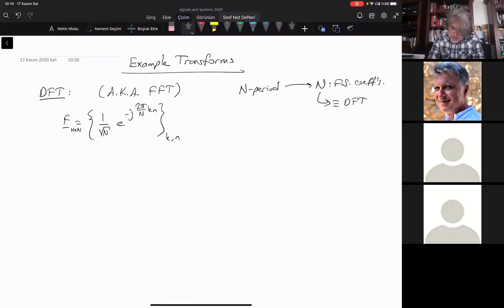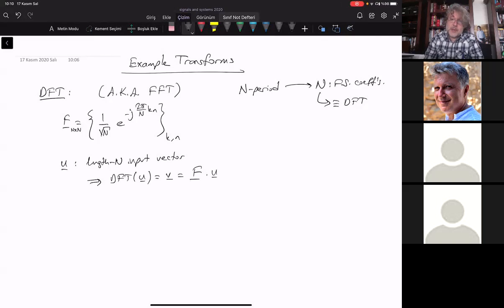So if you have, for example, U as an input vector of length n, then the DFT of U is equal to V, which is equal to this F matrix times U. This is how we make the DFT.